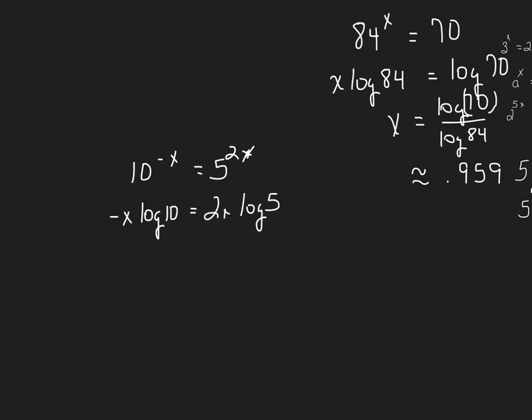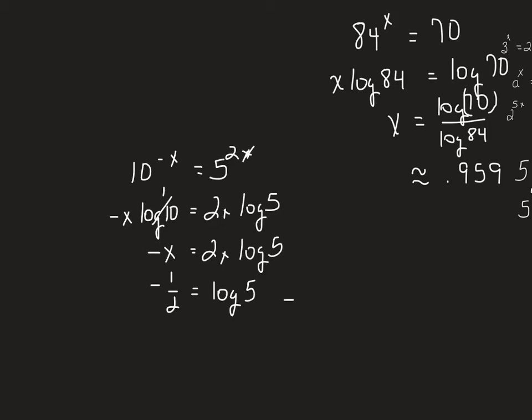Well, the log of 10, hopefully you remember, is simply 1, and we get negative x equals 2x times the log of 5. And if I divide both sides by 2x, we get negative 1/2 equals the log of 5. And if we plug that into our calculator, that's not a true statement. So something else is going on here.